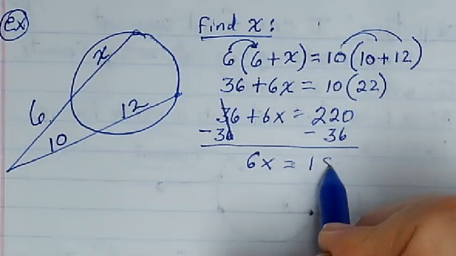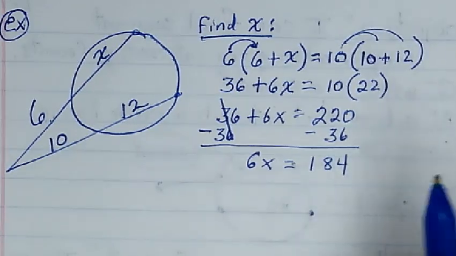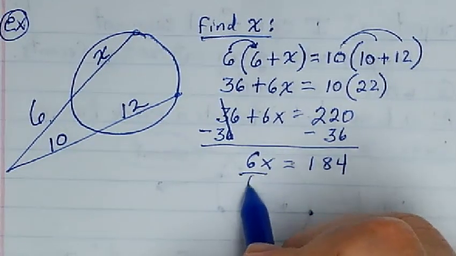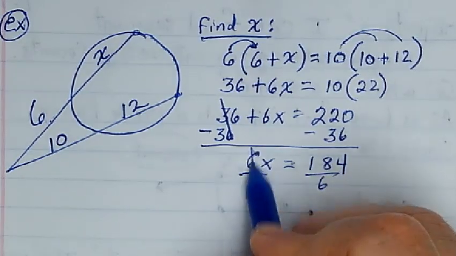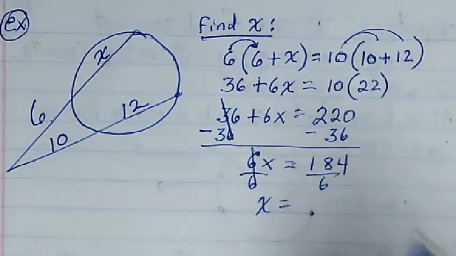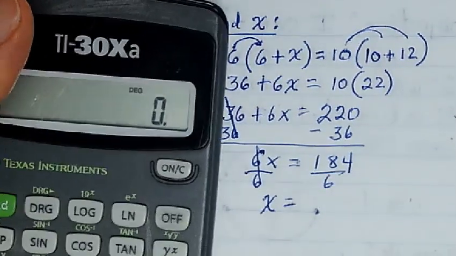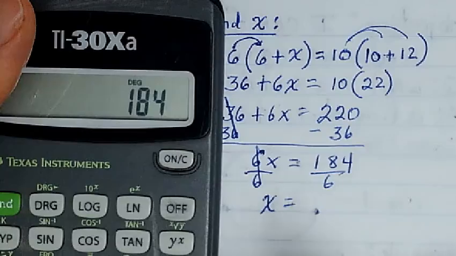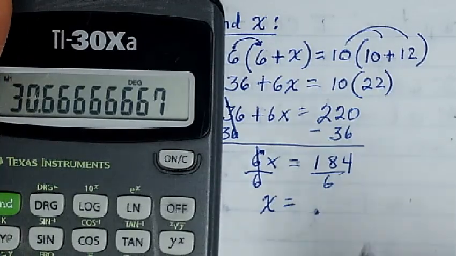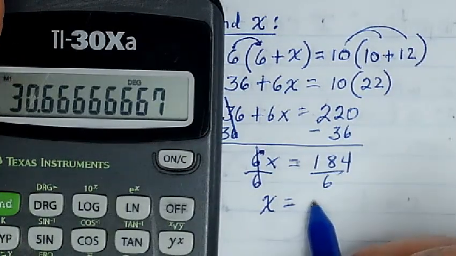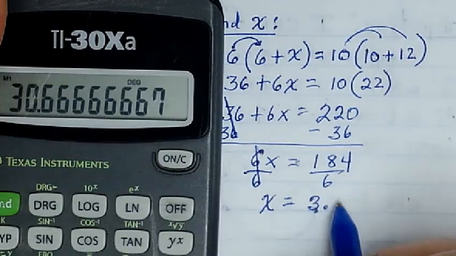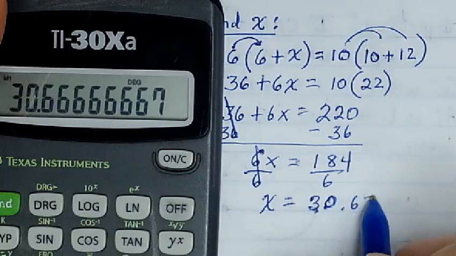So divide by 6, divide by 6. And you're definitely going to get a decimal, but that's okay. So 184 divided by 6 equals 30 point what? 67? I knew 67 was going to come up at some point.